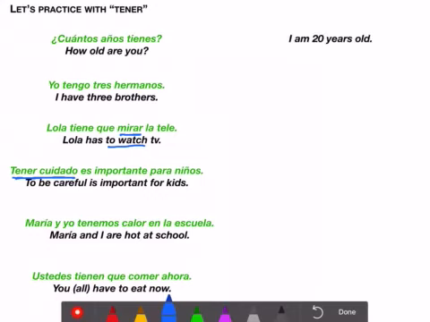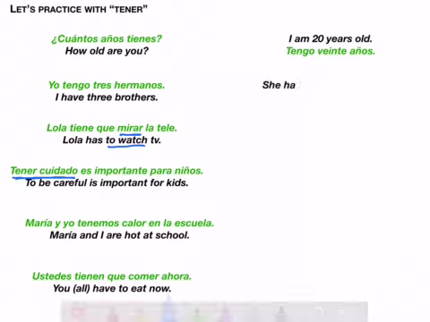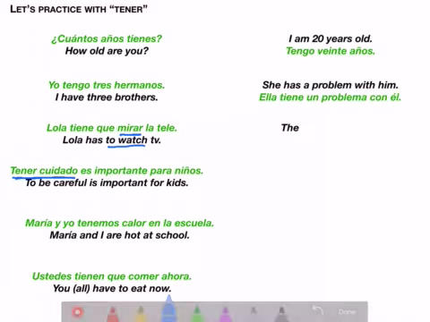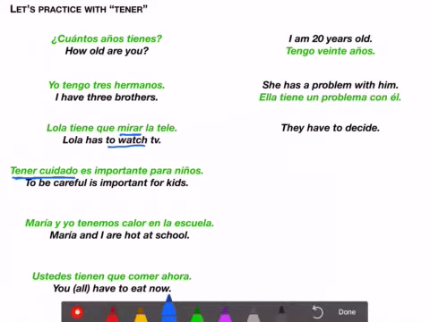Now let's go from English to Spanish. Translate this into Spanish. I am 20 years old. Tengo 20 años, or yo tengo 20 años. She has a problem with him. Ella tiene un problema con él. They have to decide. Tienen que decidir. The office has 2 windows.